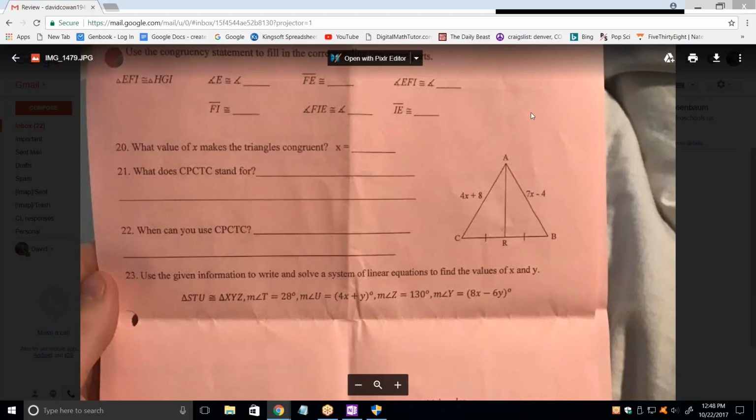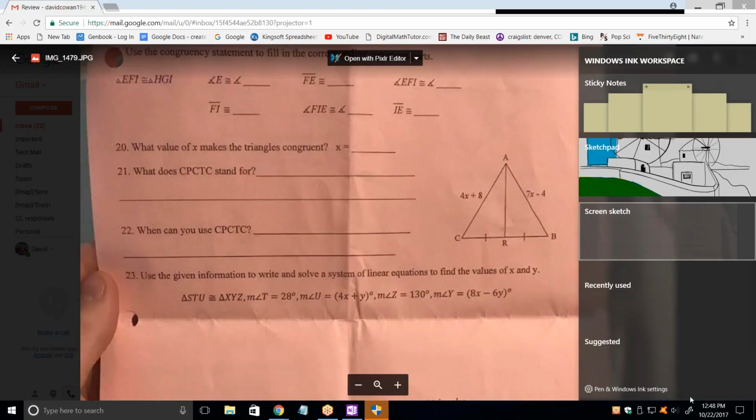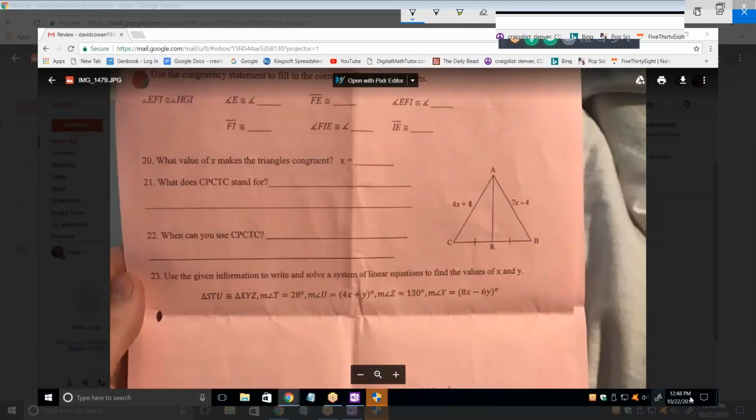Let's talk about congruency. There's 3 or 4 tests for congruency. Congruency basically means the same, only they don't have to be oriented the same. If you find all 3 sides of one triangle are the same as all 3 sides of another, that's congruent. If you find side and in-between angle and another side, that's congruent.